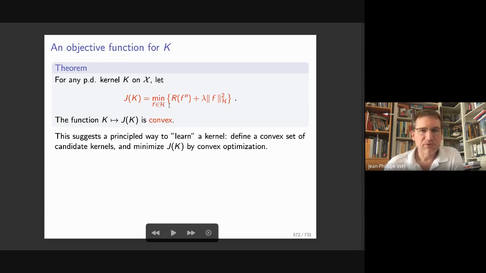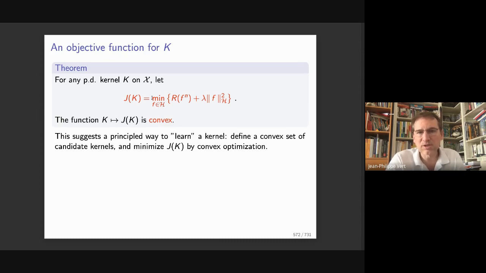And what we're going to prove is that this function, so the minimum value of the risk of f plus lambda square norm of f as a function of the kernel, is itself a convex function of the kernel. Right?